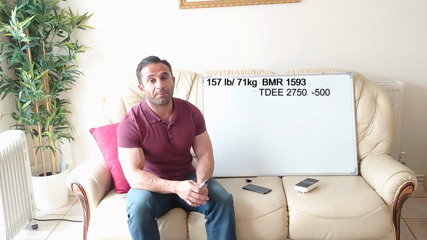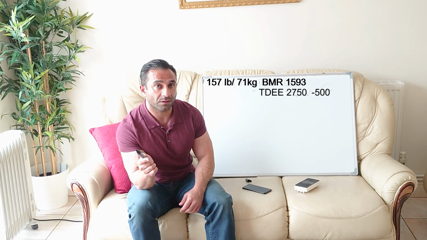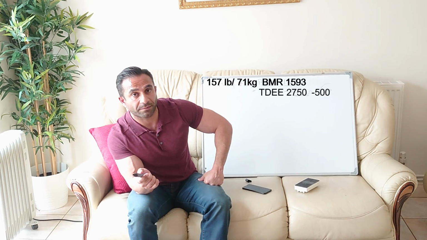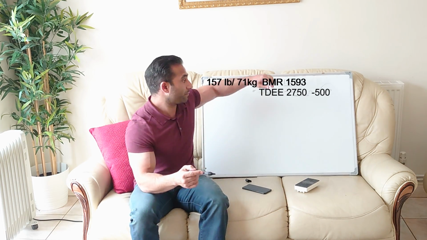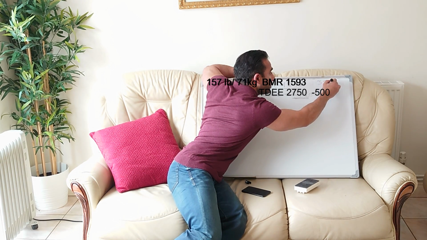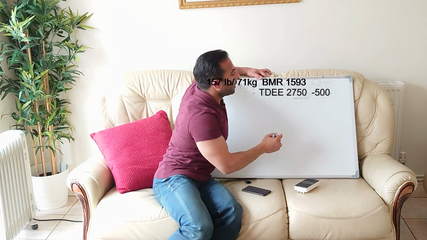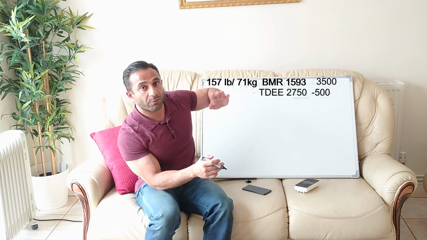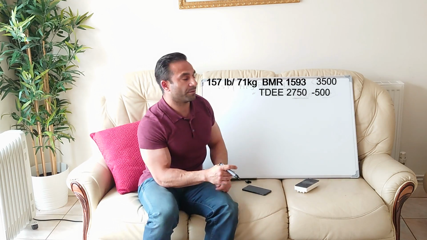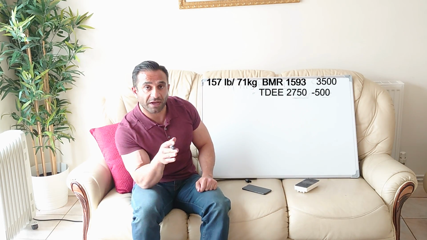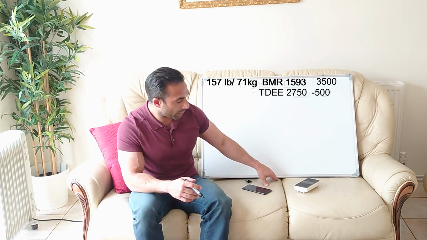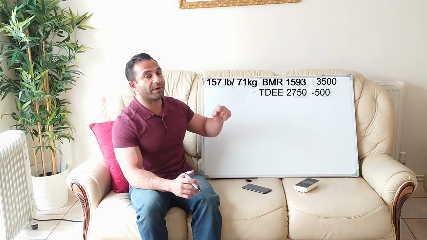To lose 1 pound of fat a week, you need a 500 calorie deficit per day. The energy in 1 pound of fat is 3,500 calories. And to lose 1 pound a week, we divide that figure by 7 and you get 500. So to lose 1 pound of fat a week, we need to drop our calories by 500. Okay? So that's one method.